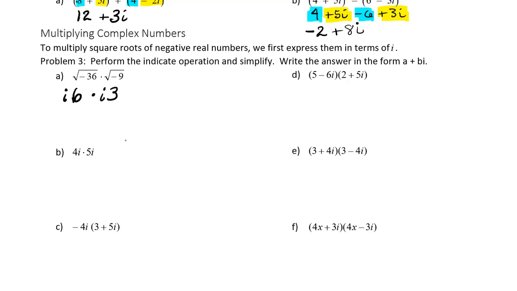Now, if you're looking at that thinking that looks a little weird, I agree with you. It does. We're going to multiply these together. So I'm going to multiply the 6 and the 3 together, which gives me 18, and then I multiply that by i squared. Now remember, i squared is equal to negative 1, so we can rewrite this as 18 with a negative in front of it. This is what that product is equal to.